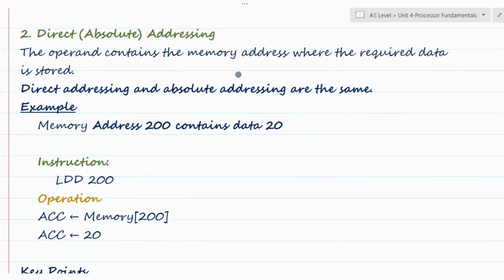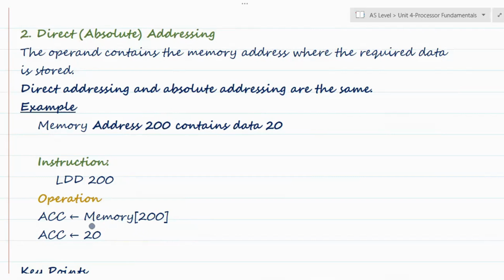Suppose memory location 200 contains the value 20. Now consider the instruction LDD 200. Now CPU interprets this as go to memory location 200 and load whatever value is stored there.